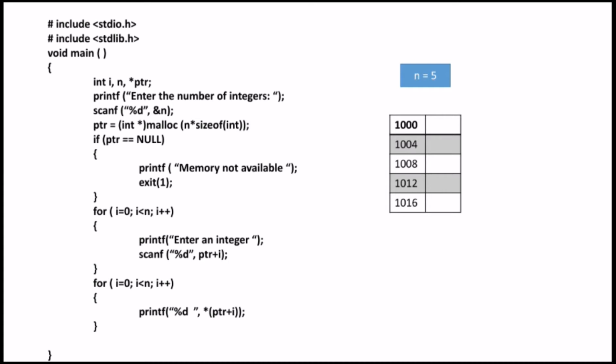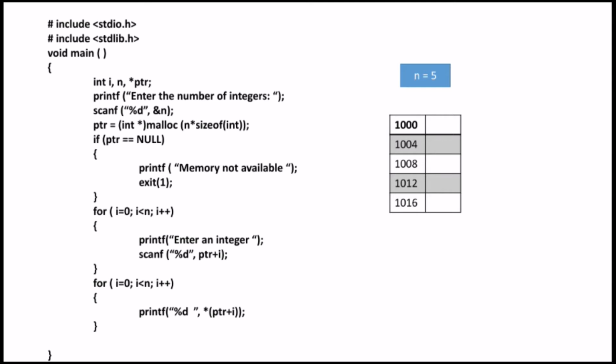So here ptr plus i means 1000 plus 1, and the data type, that is integer, requires 4 bytes, so actually it is 1000 plus 4.